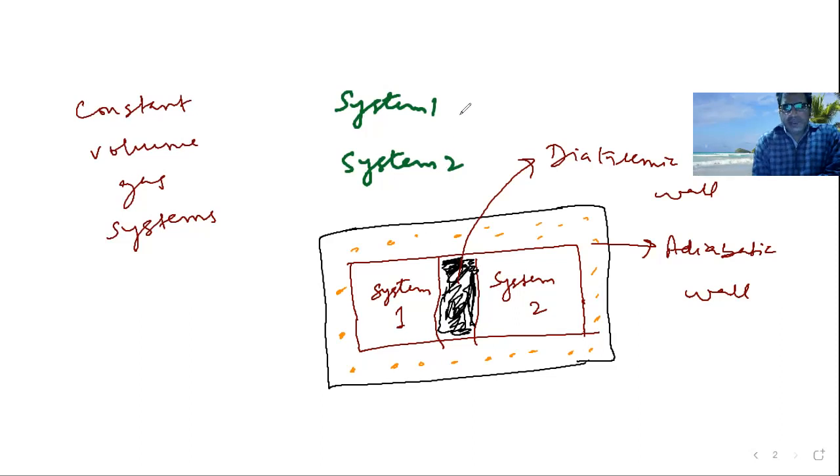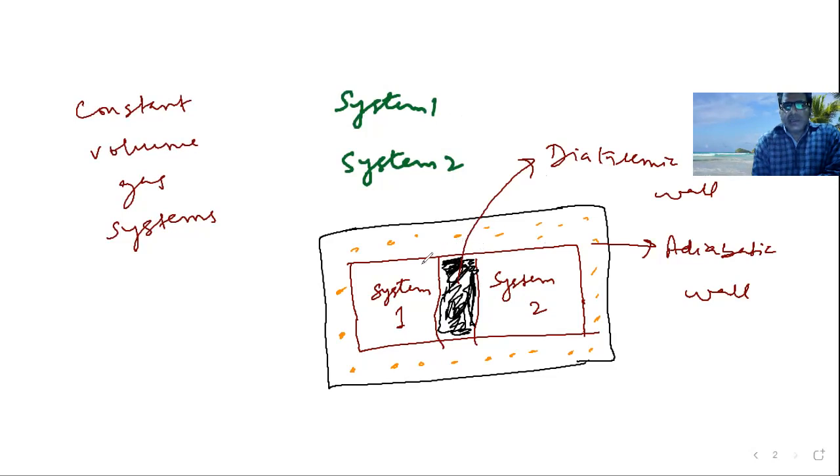Now, it's also possible that when I bring them in thermal contact with each other, nothing happens. It's also possible that their macroscopic variables will not change when I bring them in thermal contact. I connect them by diathermic wall.